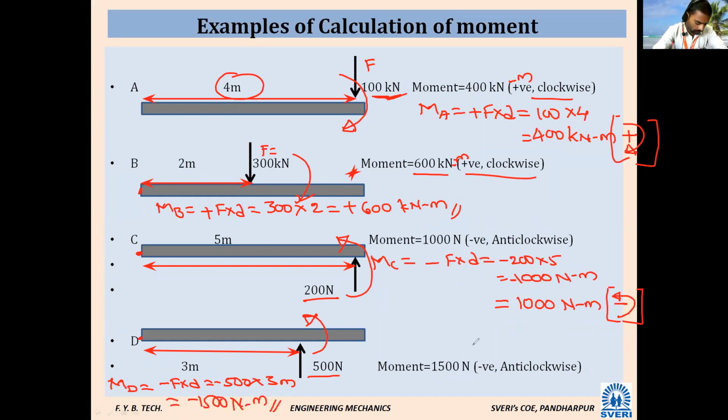Roll number 31, absent. 35, absent. 53. Okay, only 3 numbers are absent: 31, 35, 53. Remaining all are present.